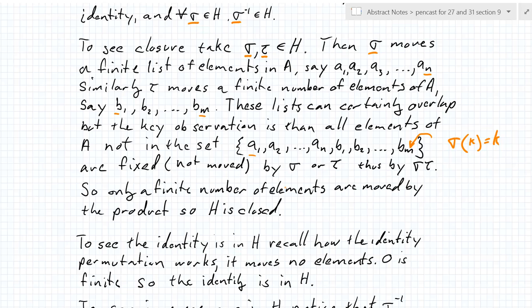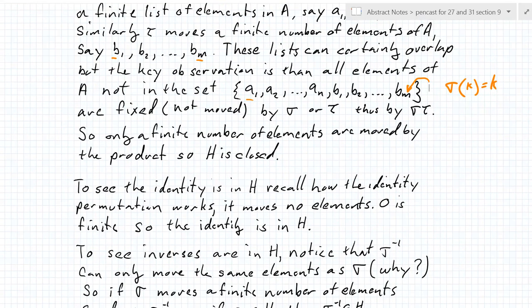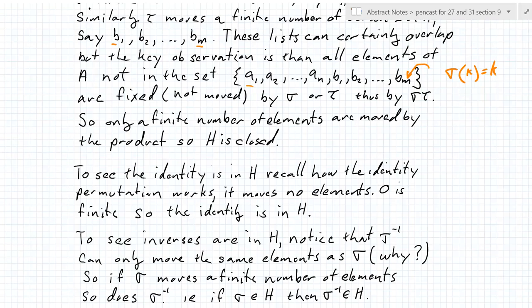And so the product, sigma times tau or tau times sigma, can't move anything that's not on this list because they fix all the other elements. In particular, that's a finite set, so the product moves only a finite number of elements. So H is closed. If I take two elements from H, I multiply them together, I still get an element from H.